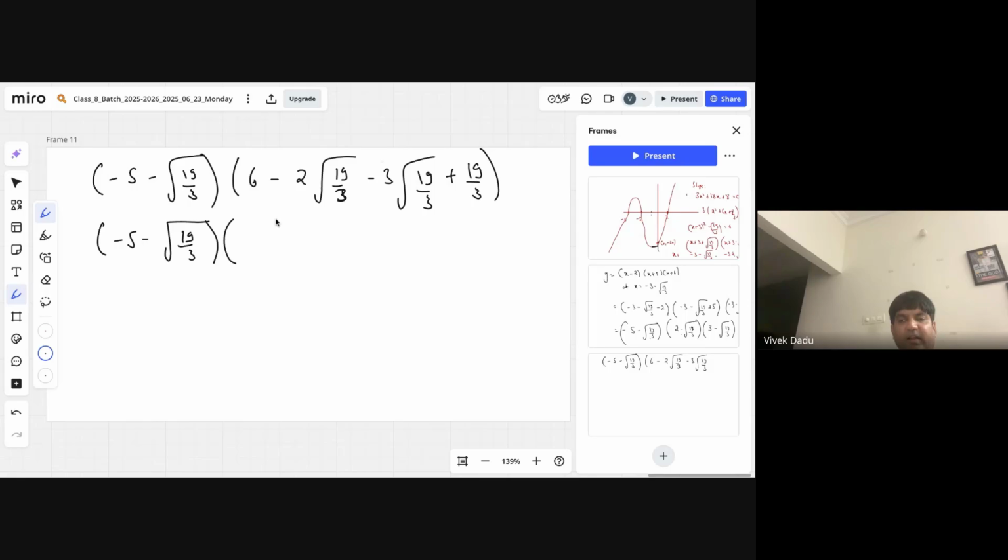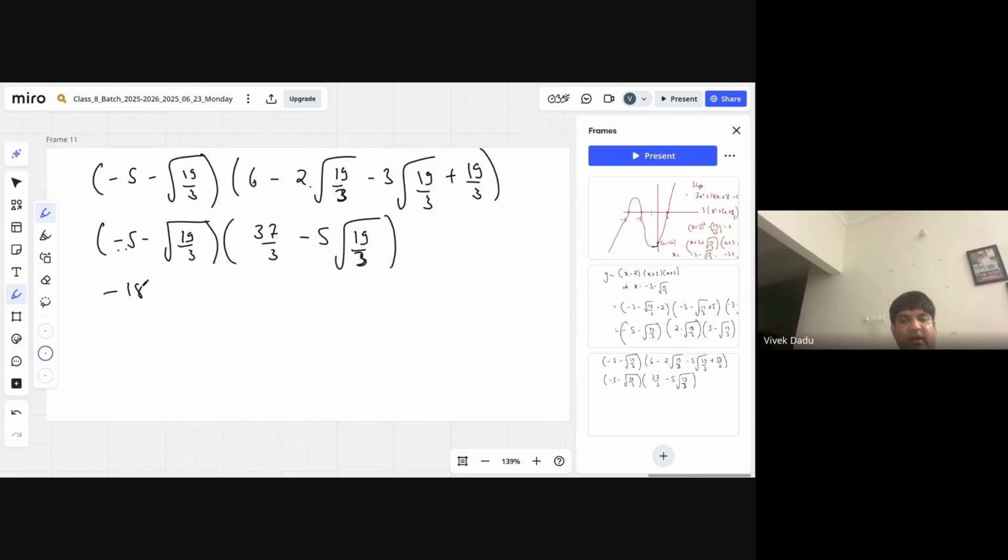Now 6 plus 19 by 3 is 37 by 3. Minus 2 minus, so it is minus 5 root 19 by 3. Now, this is important that you simplify, then it will be easy.